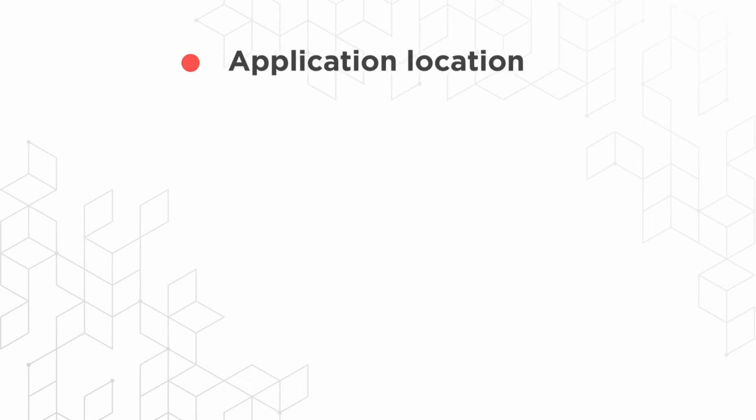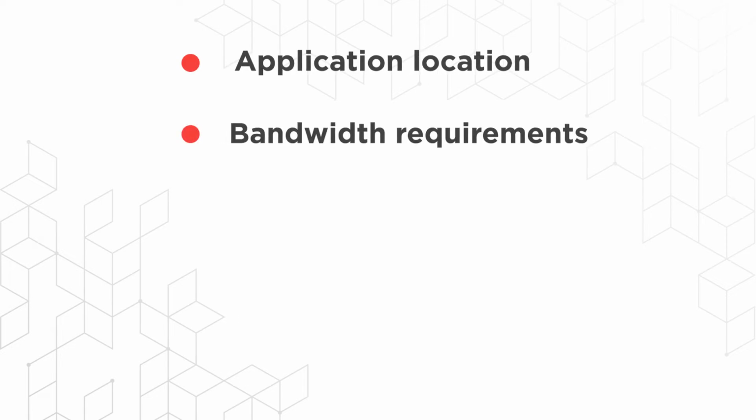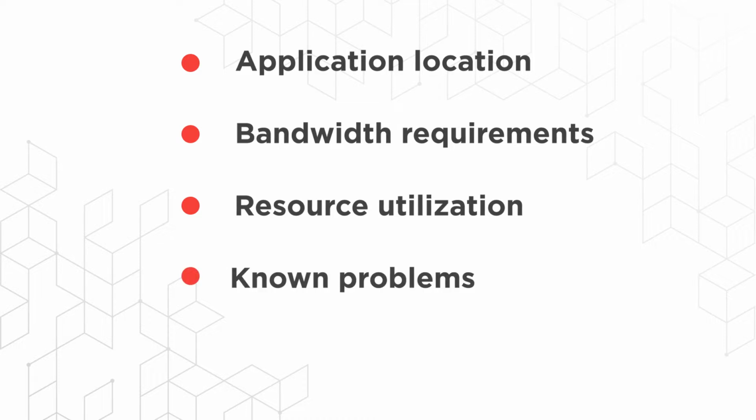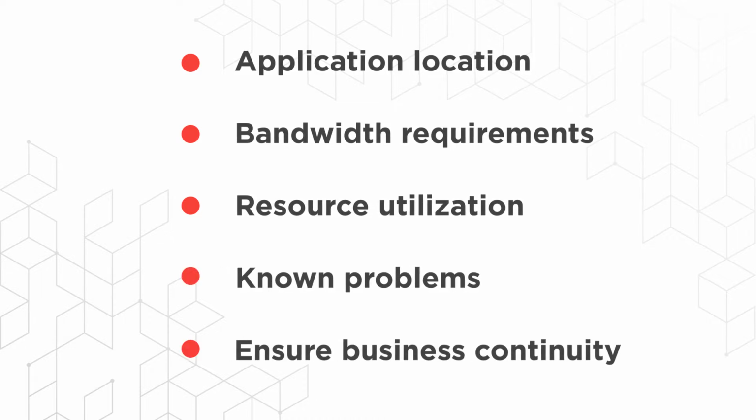To be successful in a cloud migration, firstly, it requires a clear awareness of the existing environment. You should know the answers to simple questions such as where the applications are located, what are the bandwidth requirements, what is the current resource utilization, what are the known problems with the application or environment, how should I ensure the business continuity. When you have these answers, you are halfway through.